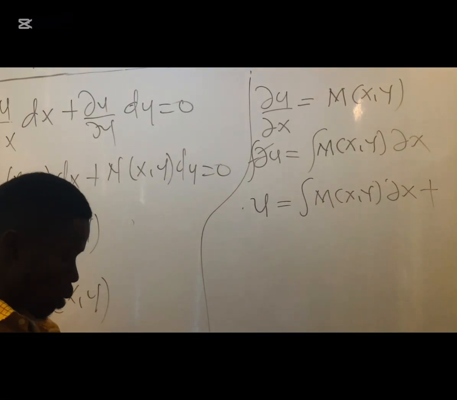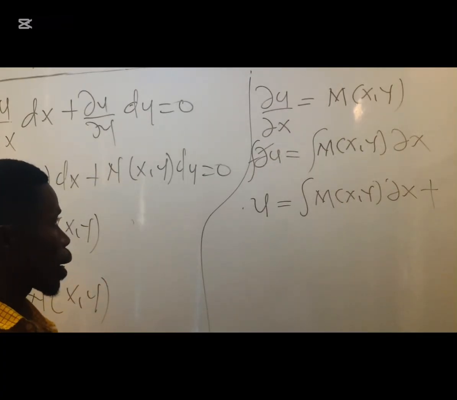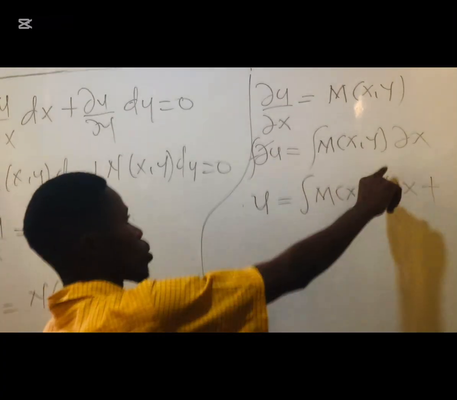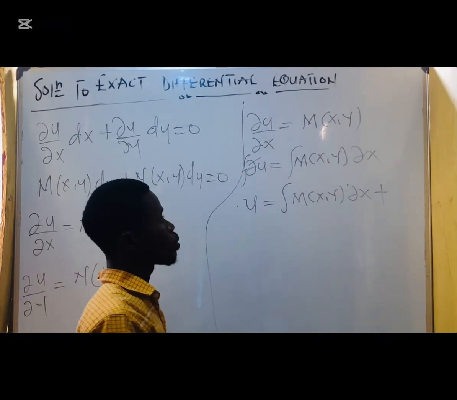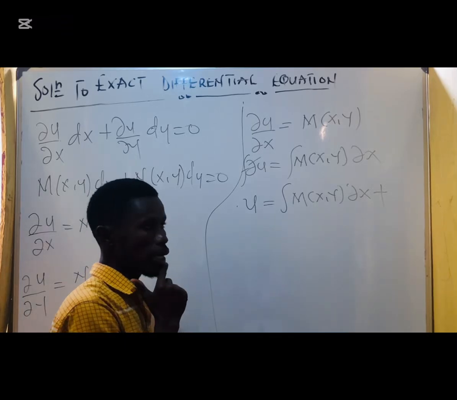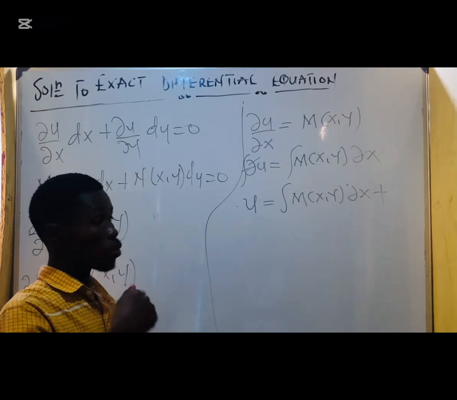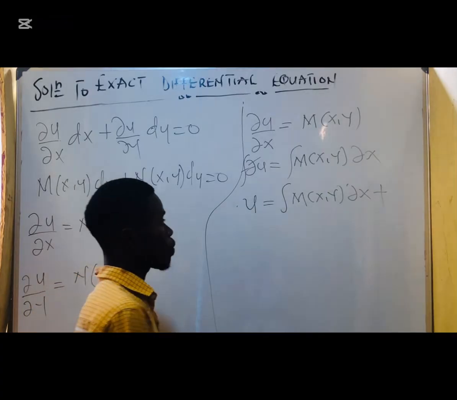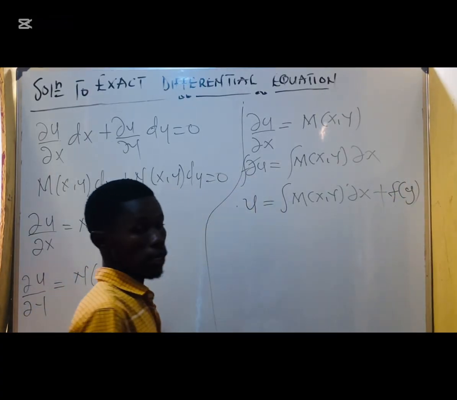But in this case, because it is partial, you don't write c. Rather, you ask yourself, what are we integrating with respect to? We are integrating with respect to x. So the constant should be a function of the other variable, which is y, so f of y. That's how we do it.